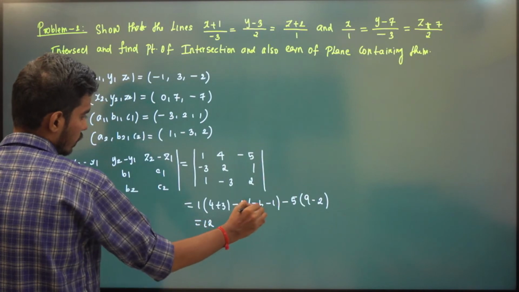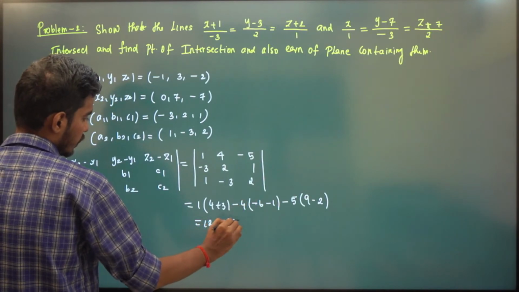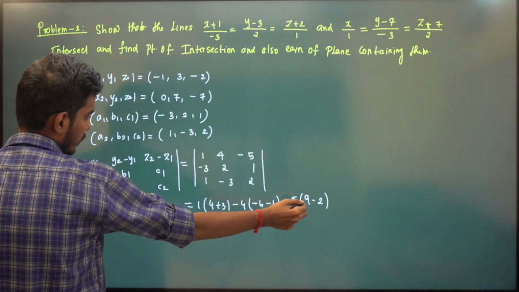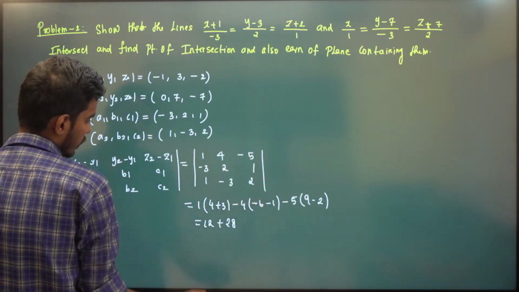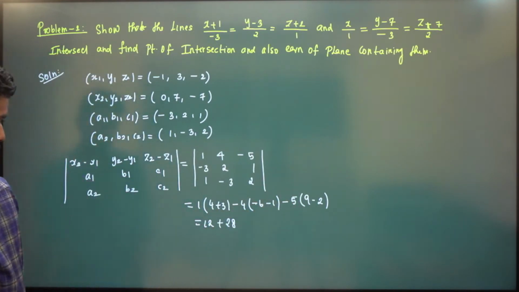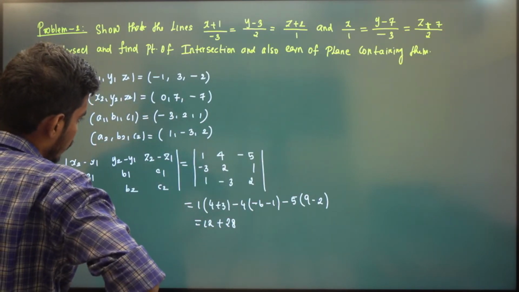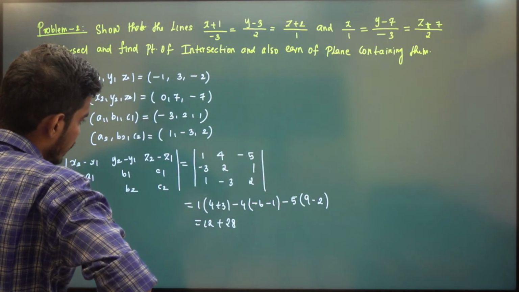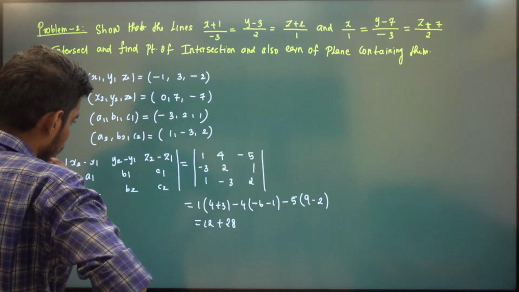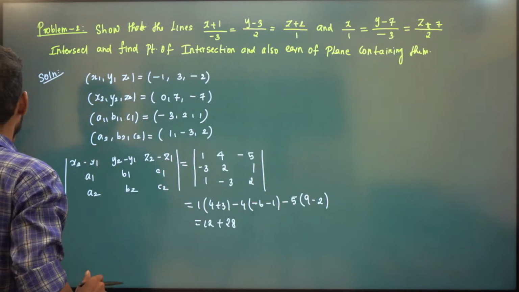So 4 plus 3 is 7, minus 4, minus 6 minus 1, minus 7, minus 5 into 7 is minus 35... sorry, minus.